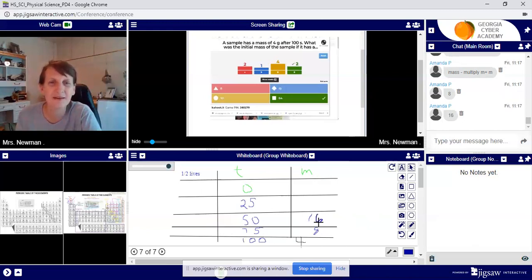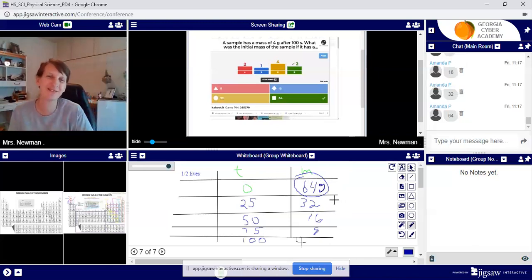What's the next one? 32. And the one at the top? 64. And there's our answer. And it was in grams, so I'm going to put grams. Anyway, our answer there would be 64 grams.